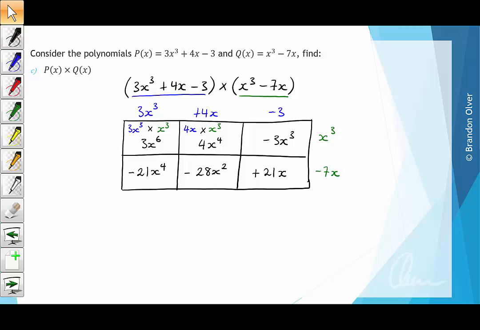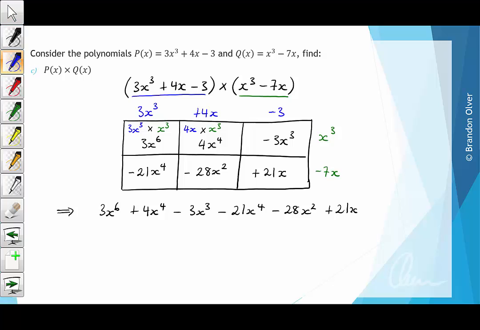So now all we need to do is add up all of those terms and then combine for like terms. So out of the box, the expansion will give 3x to the power of 6 plus 4x to the 4 minus 3x to the power of 3 minus 21x to the 4 minus 28x to the power of 2 plus 21x.